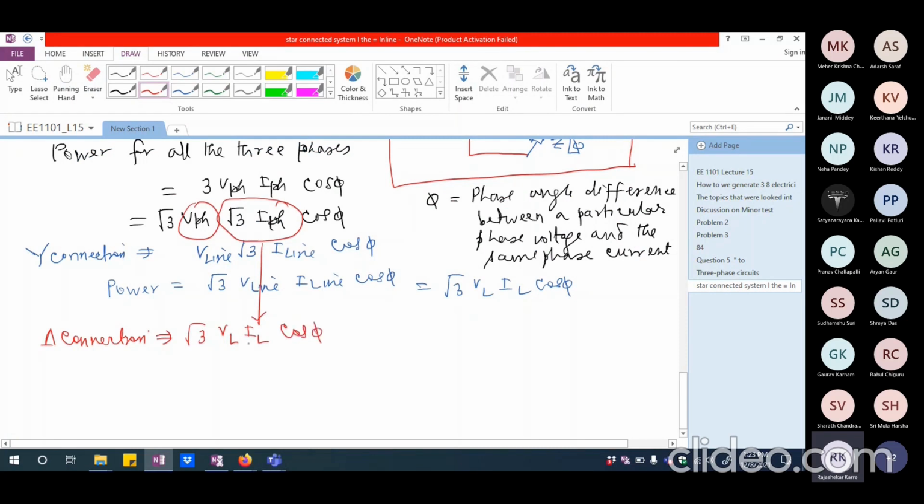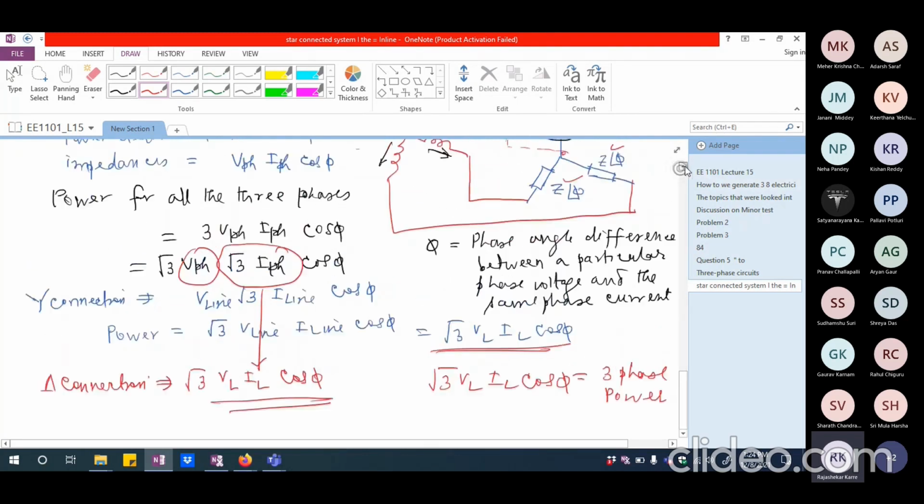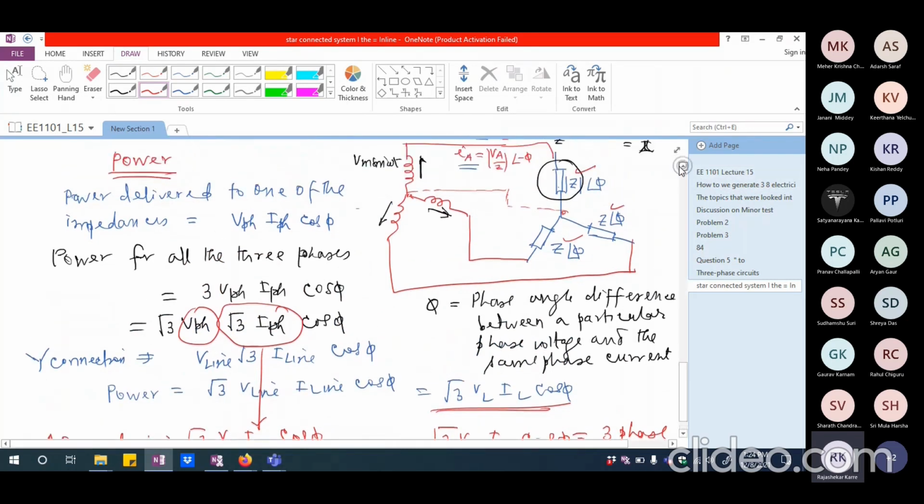So whether I look at delta connection or star connection, the common expression for the power is going to be root 3 VL IL cos phi. So in general, I can write the three-phase power as root 3 VL IL cos phi as the overall power, if I am going to have all the three-phase voltages being balanced and the three-phase load also being balanced.